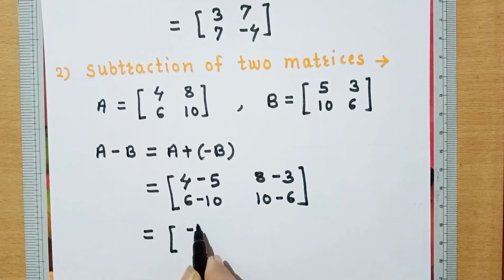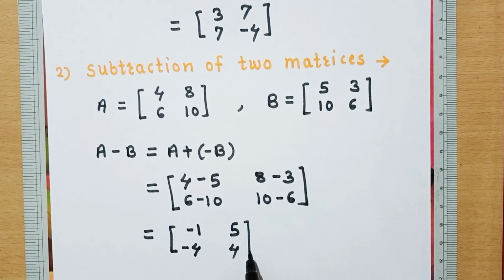So this is minus 1, 8 minus 3 is 5, 6 minus 10 is minus 4 and 10 minus 6 is 4.